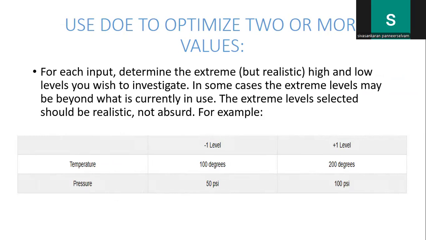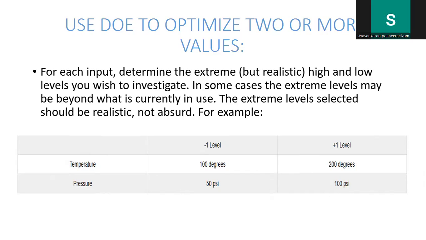So here, for each input, determine two levels, higher level and lower level of achievement. Say -1 and +1. In some cases, the extreme levels may be beyond what is currently in use. These extreme levels selected should be more realistic.